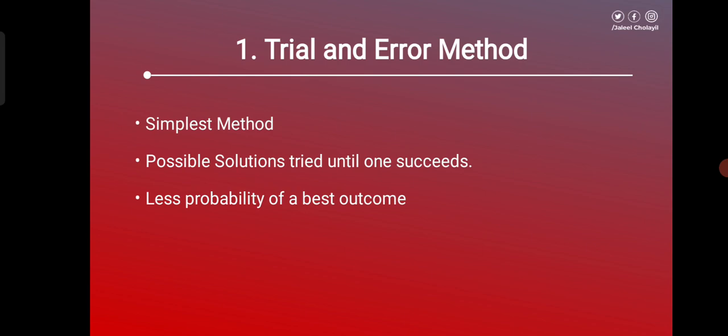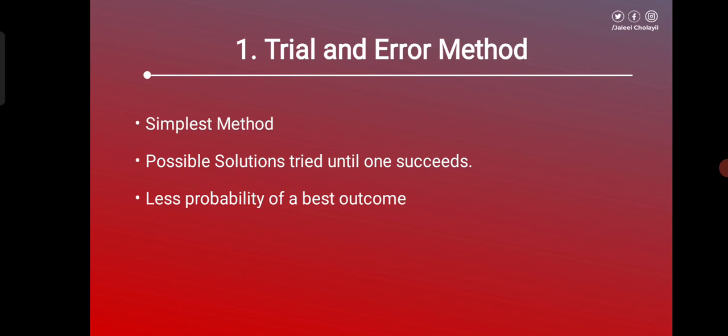The first one is the trial and error method. We may be familiar with this topic. It is the simplest method of problem solving, because you just try, whether it is success or fail, no matter, try again, fail again, try again.